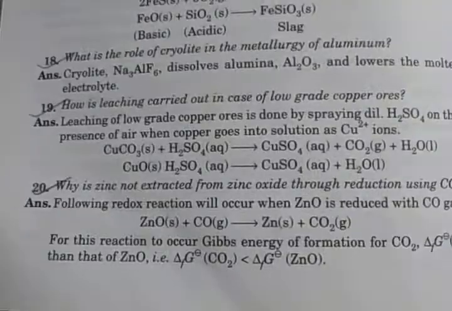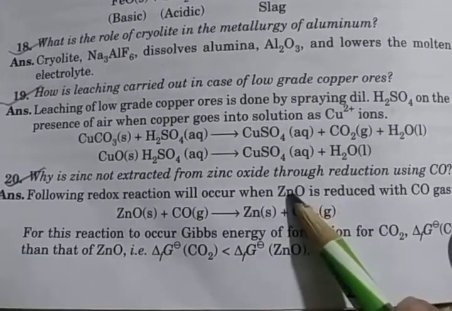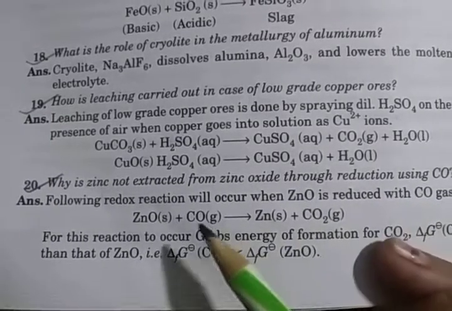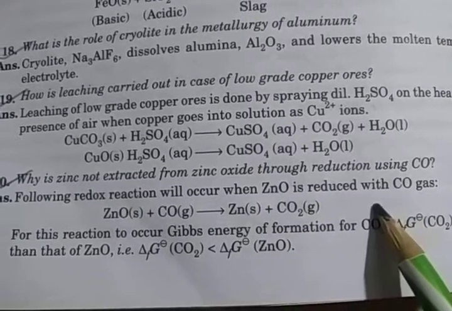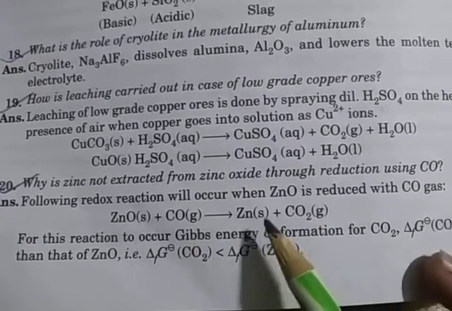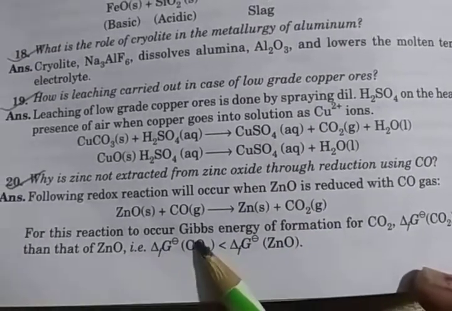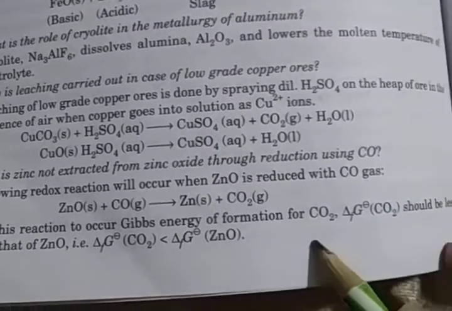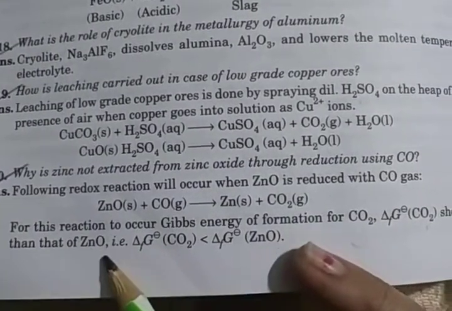Next, question number 20. Why is zinc not extracted from zinc oxide through reduction using CO? The following redox reaction will occur when zinc oxide is reduced with CO gas: zinc oxide reacts with CO, converting into zinc and carbon dioxide. For this reaction to occur, the Gibbs energy of formation for CO2 should be less than that of zinc oxide.